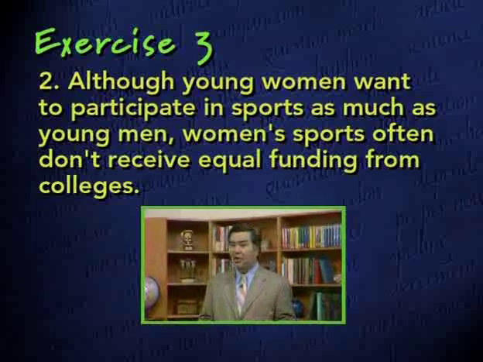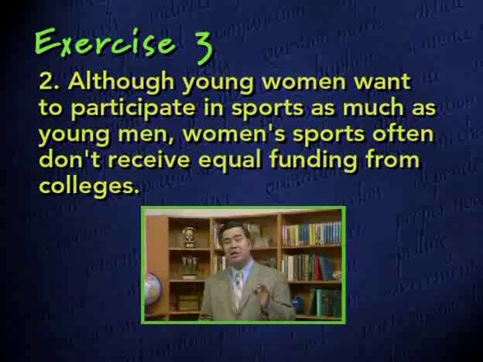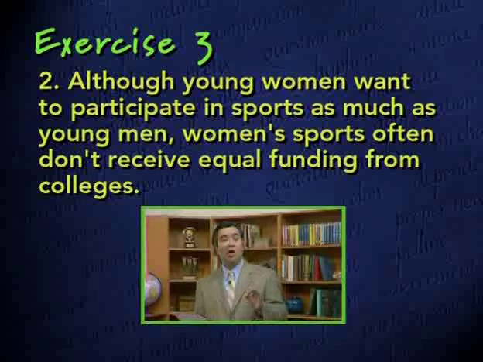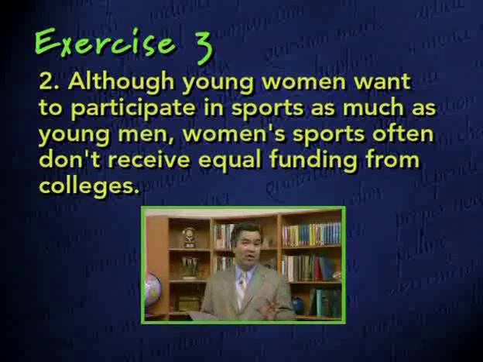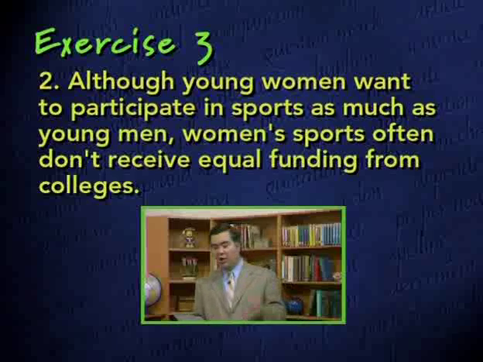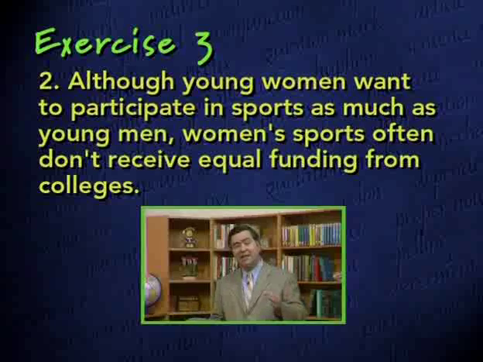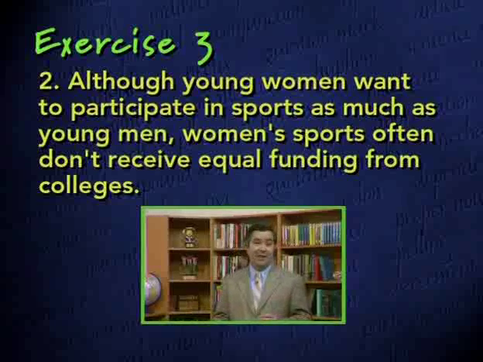It couldn't stand alone as a sentence, and again, there's a telltale sign. It begins with the subordinating conjunction, although. When you read this clause, you can see that something more is needed to make a complete thought. Although young women want to participate in sports as much as young men, therefore what? We don't know, and so by itself, this would not work as a complete sentence.